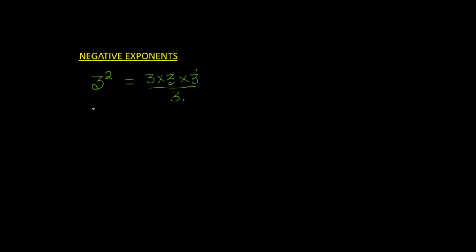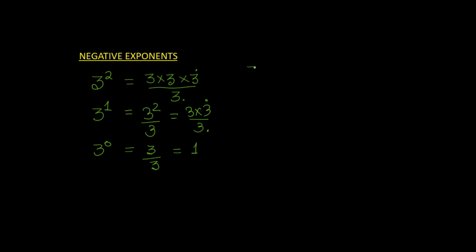Similarly, 3 to the power 1 can be written as 3 to the power 2 divided by 3, which is 3 into 3 divided by 3. We cancel out these common factors to get a 3 again. So 3 to the power 0, on similar lines, is nothing but 3 divided by 3, and we get a 1.